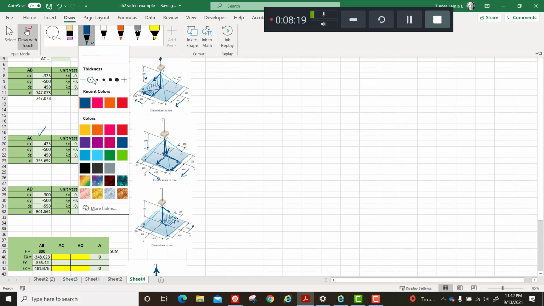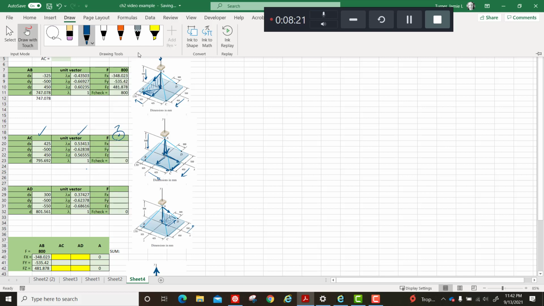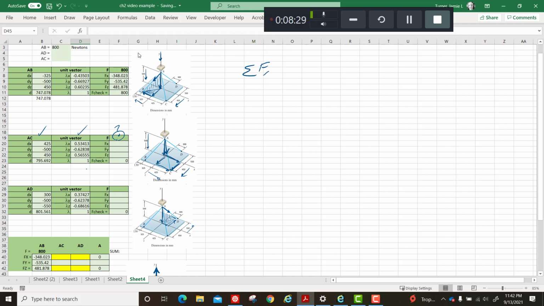Okay, so let's start with the forces in the X direction, and those have to add to 0. So I'm looking at AB in the X direction, which is this negative 348. That's one of the cables. And then I also have AC tugging around in the X direction. This is actually going positive this time around.